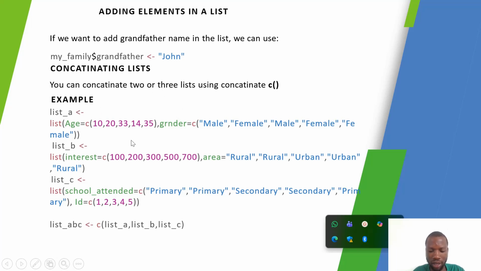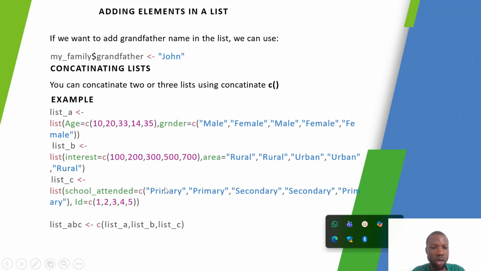We can use concatenate, where we type list underscore. This is the list that we are going to do. I have a list of age, a list of gender, sorry, not grander. And then here also, this is another list.